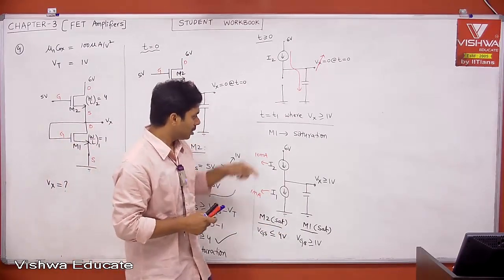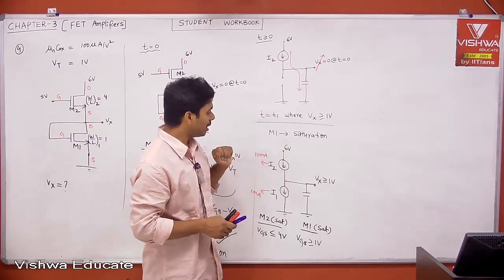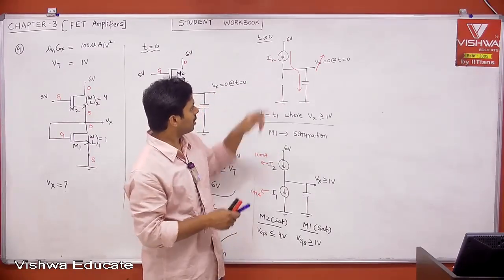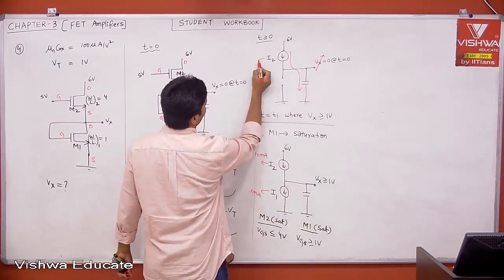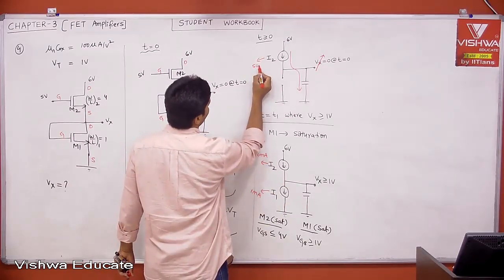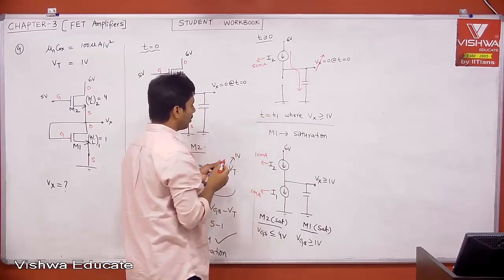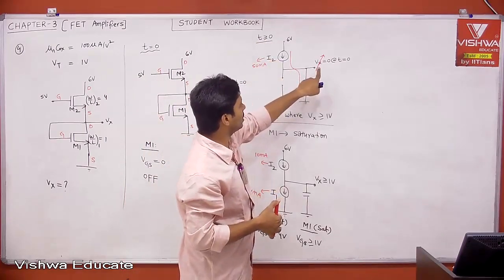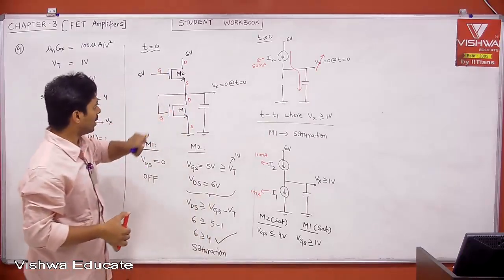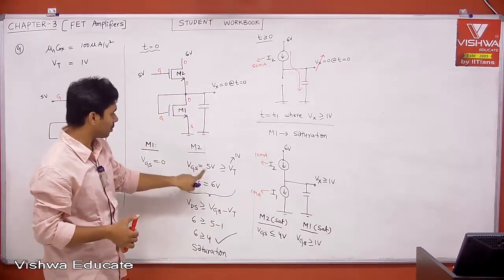Now tell me, this is 10 milliampere, right? Earlier, at time t equal to 0, maybe for your understanding, I2 you can say is some 50 milliampere. Then that 50 milliampere is flowing through this. But as Vx is increasing, remember at t equal to 0, VGS of M2 is 5 volt.